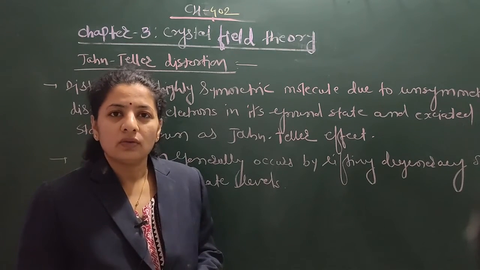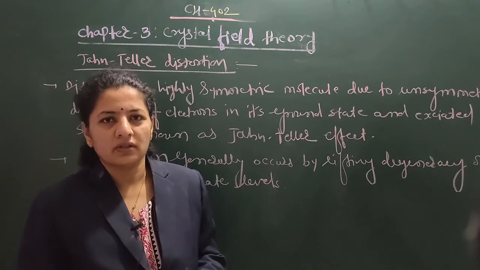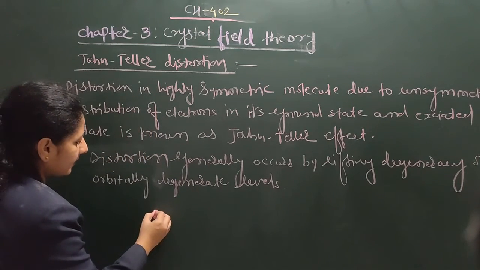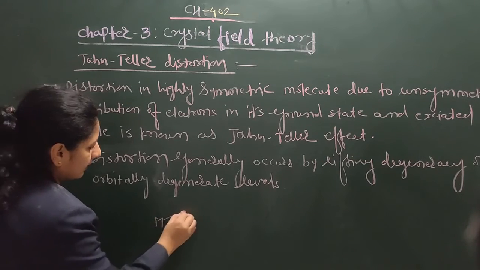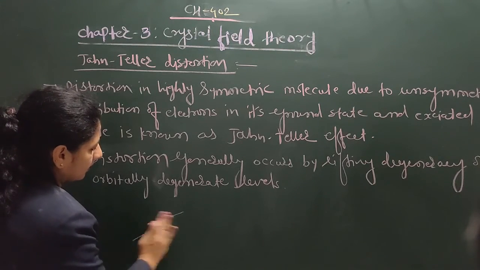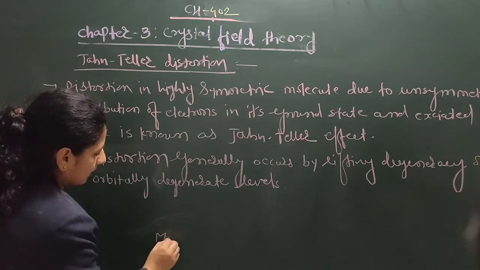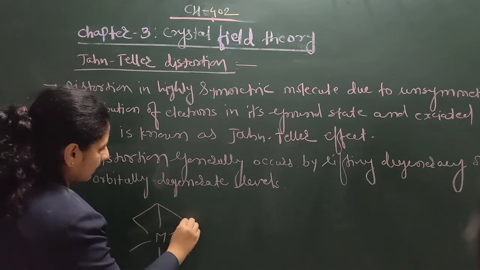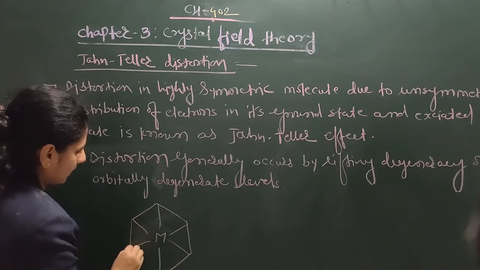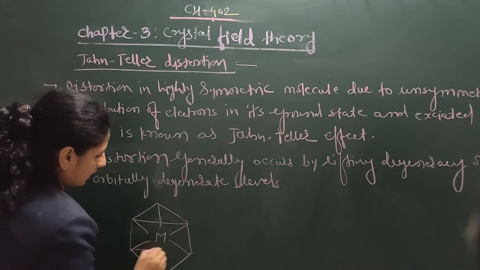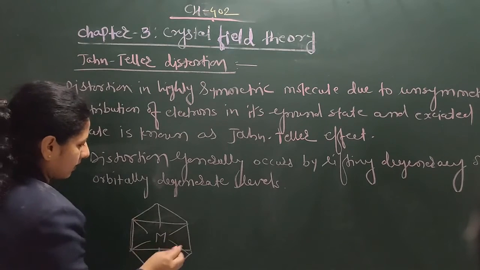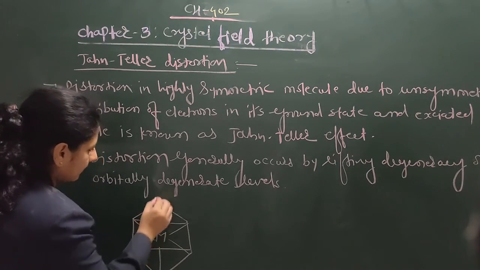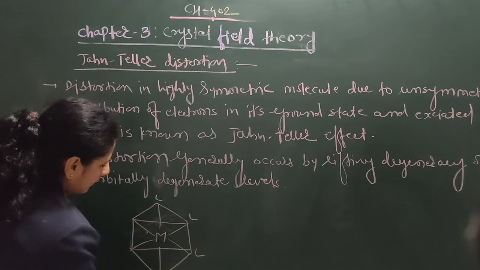Now there are two types of Jahn-Teller distortion generally formed in octahedral complexes. Let's see from an example.